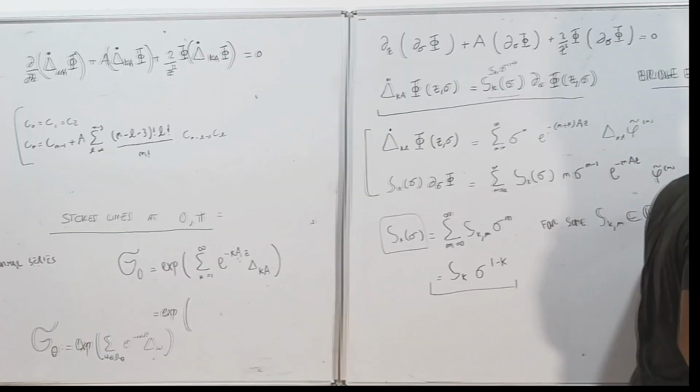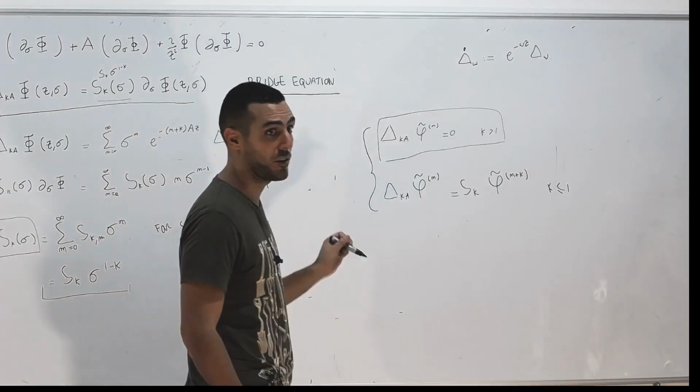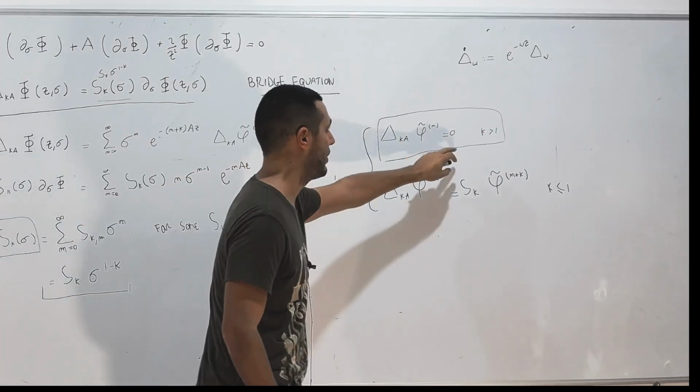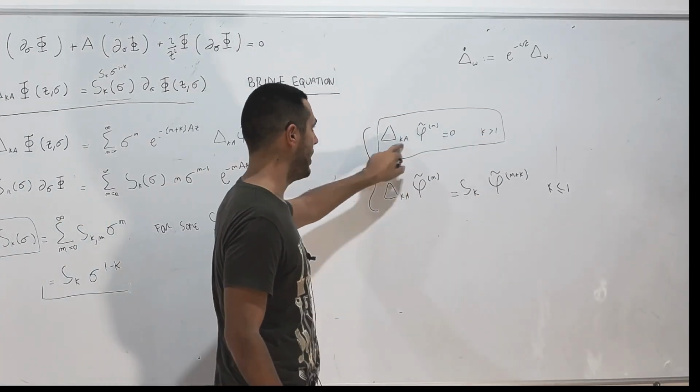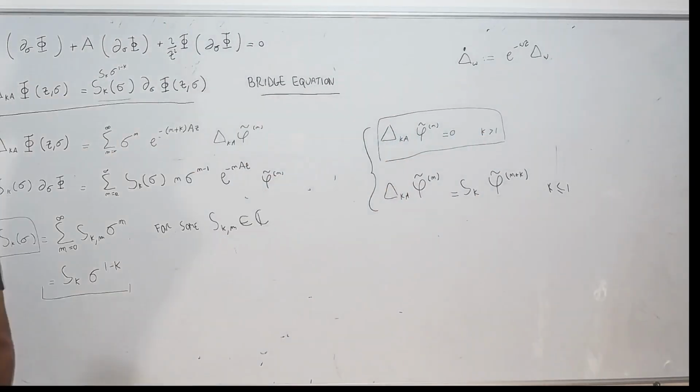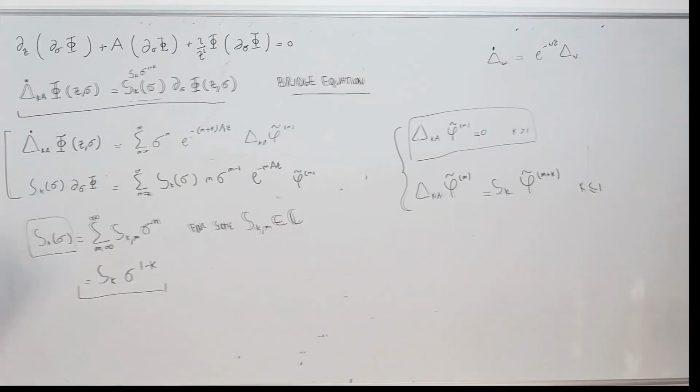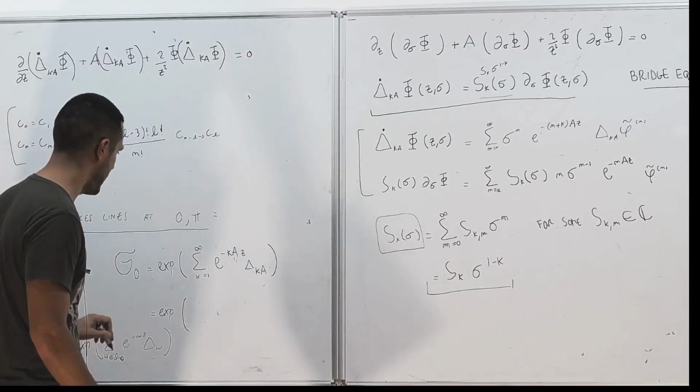Remember also what I had written here, another direct consequence of the bridge equation, that for all k's greater than 1, these alien derivatives are 0. So essentially, only the k equals 1 term survives.